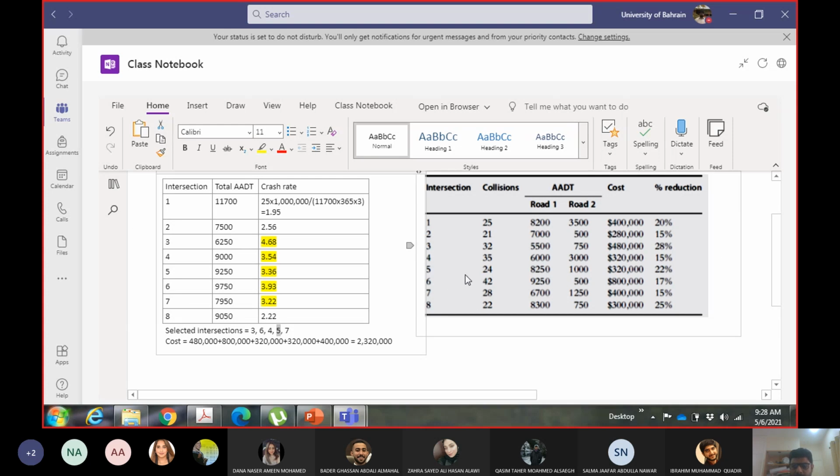Okay, so if I take out number 5, then what will happen? So now you are doing 3, 6, 4, and 7. 3 is 280,000, sorry, 480,000, then 800,000, then 4 is 320,000.